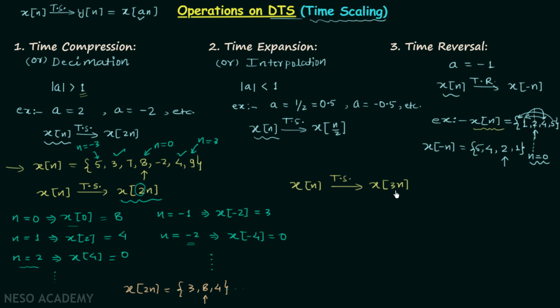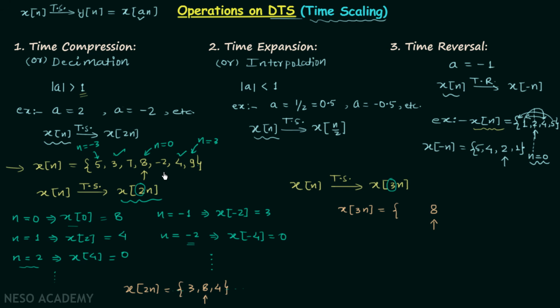Now we will focus on x(3n). In place of 2, we have 3. Therefore we will choose only those values of x(n) for which the corresponding value of n is a multiple of 3. 8 will be there. I will directly write down x(3n). 8 will be there, present at n equal to 0.